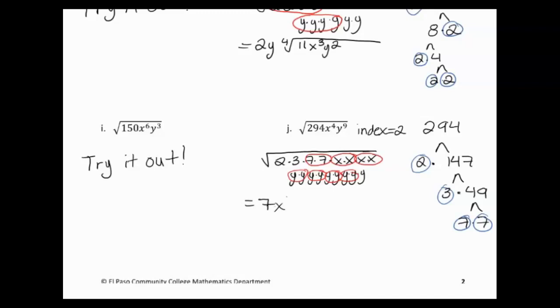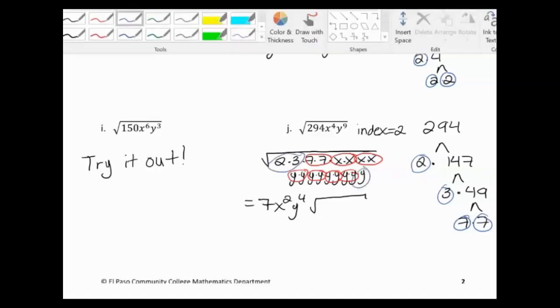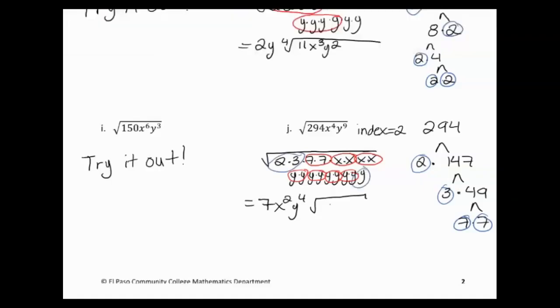And then we have x squared because we have two groups. And then we have y to the 4th. And inside we have 2 times 3 and a y. 2 times 3 is going to be 6y. And that's our final answer.